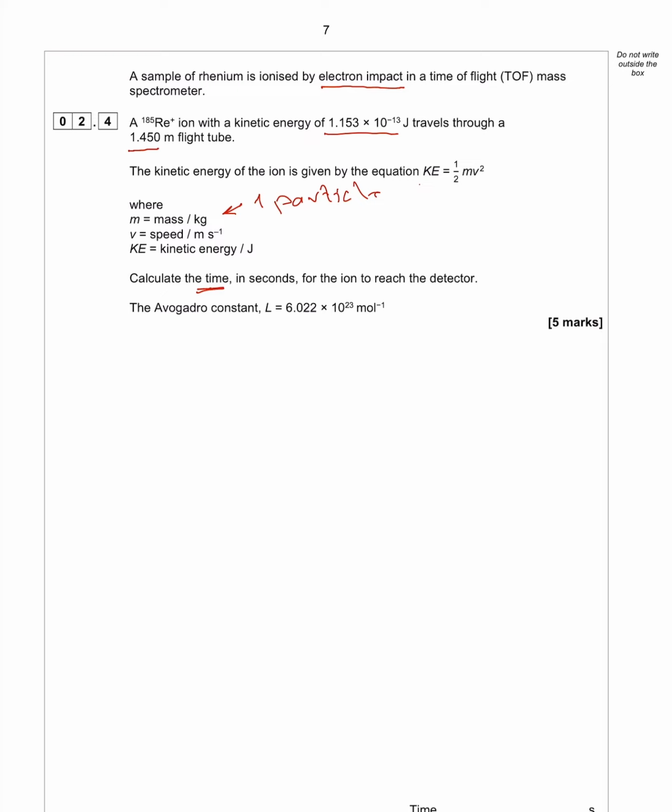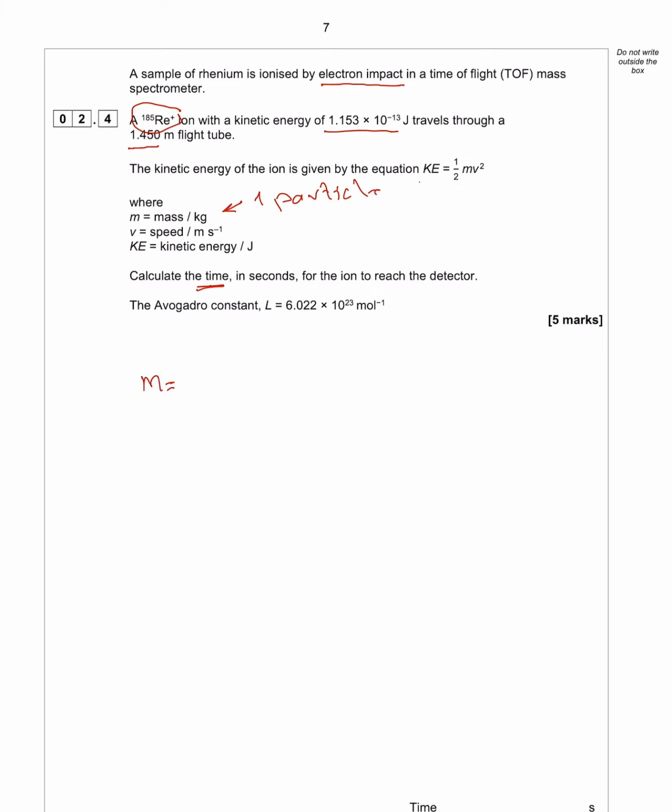So in this case, the first thing you need to calculate is the mass of one particle of these ions, and the mass here will equal the atomic mass, which is 185, divided by the Avogadro number, which is provided for you, 6.022 times 10 to 23.